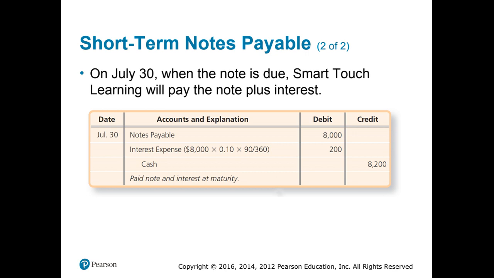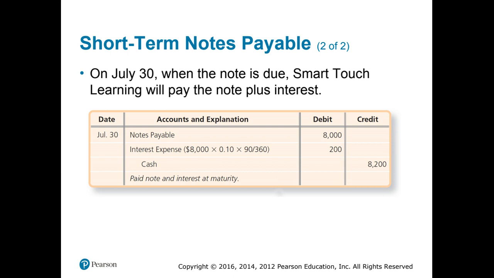Let me just use the wording that they have here. 10% 90-day note payable. So the number of days of the note payable divided by the number of days in a year, which is for them 360.